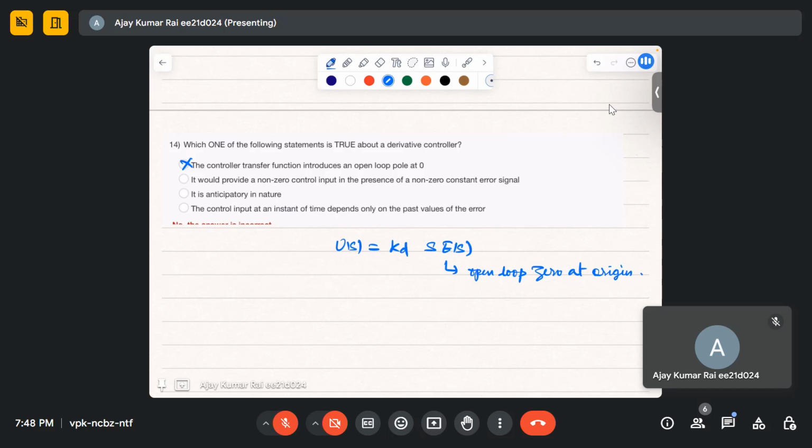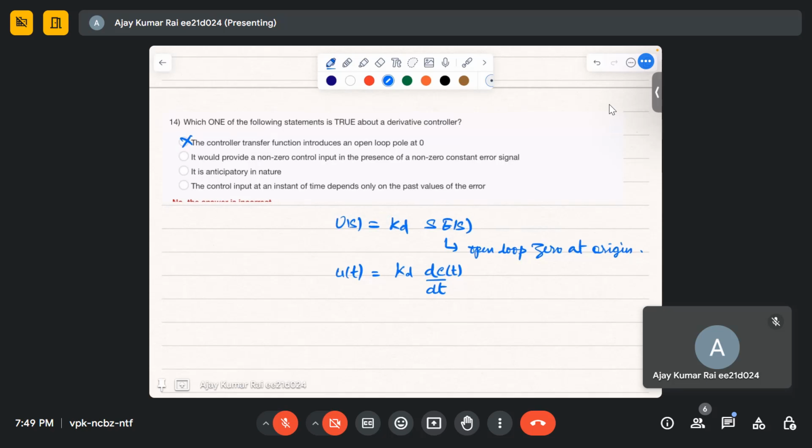Let me write this in terms of d e of t by dt. Non-zero control input in the presence of non-zero error, that is not true.